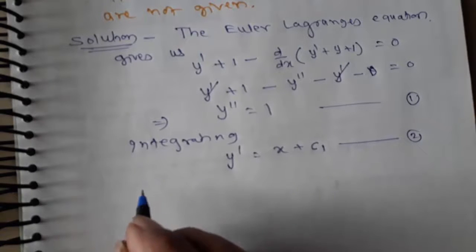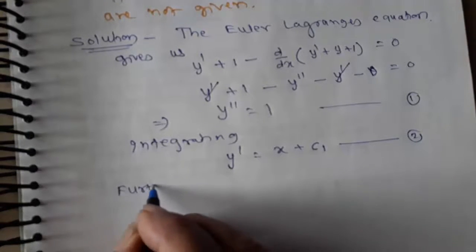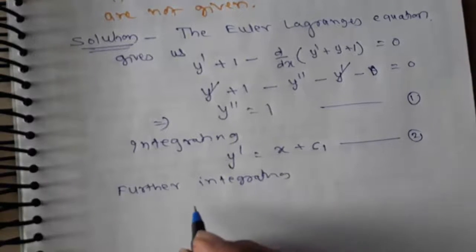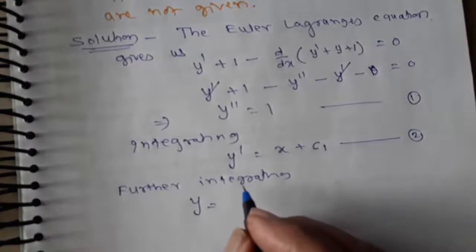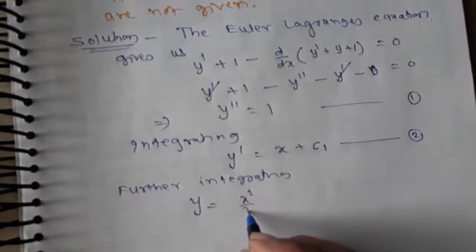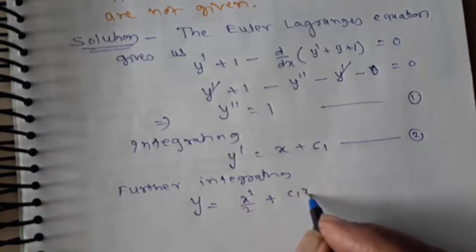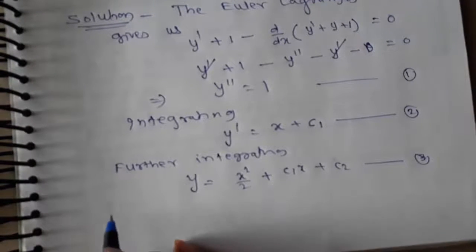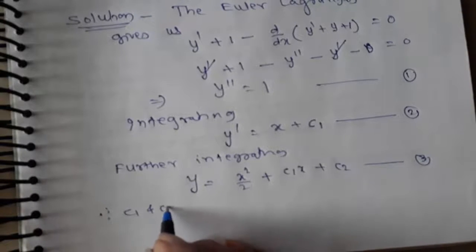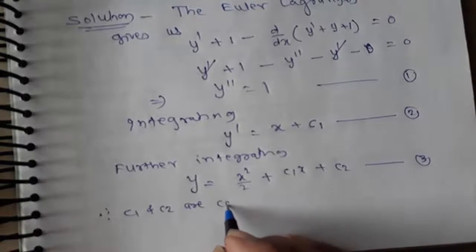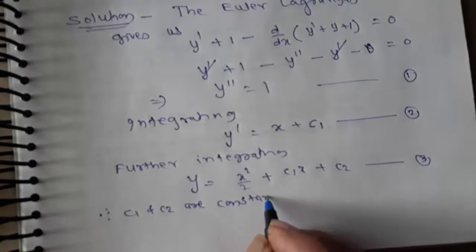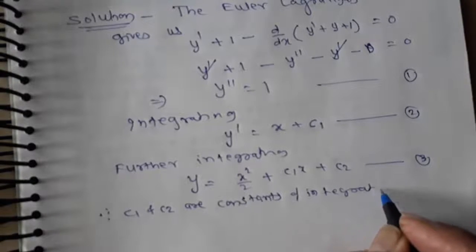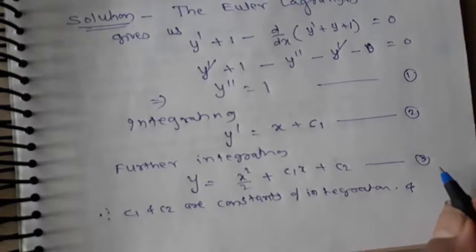Further integrating, we get y equal to 1/2 x squared plus c1 x plus c2, where c1 and c2 are constants of integration and to be determined.